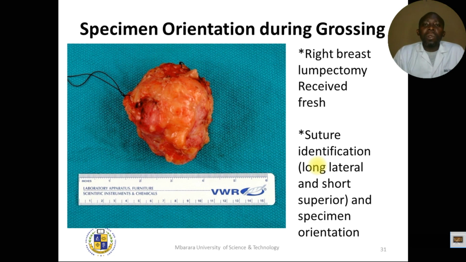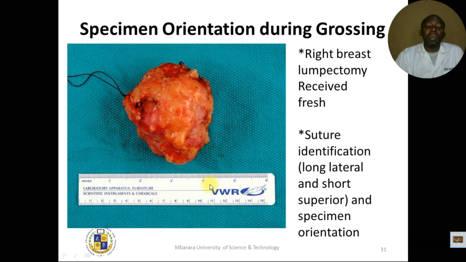So we have specimen orientation, and during grossing we have talked about this. Here we are looking at a specimen that we have received in the lab, and below it we are seeing a ruler. We know the use of this ruler. We need to measure this sample we have received.